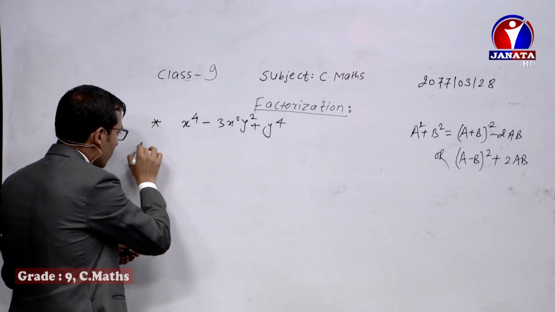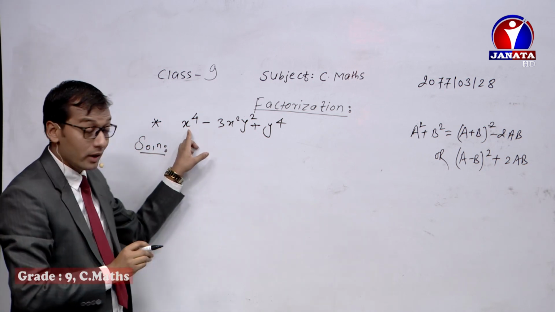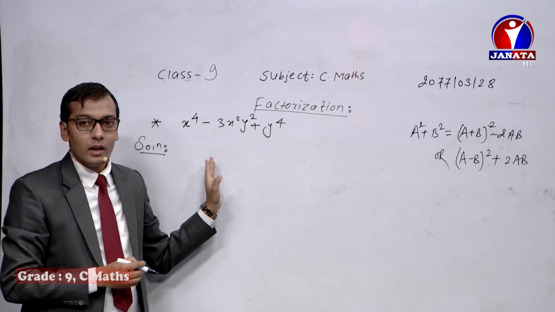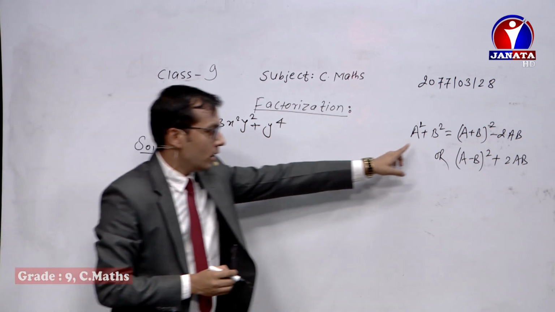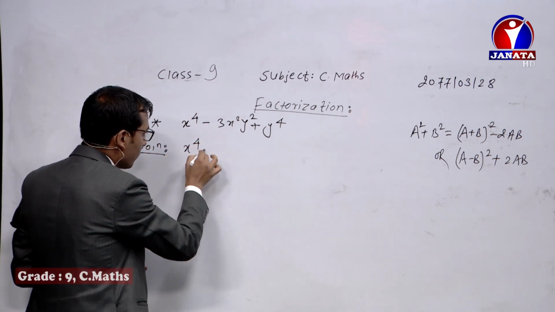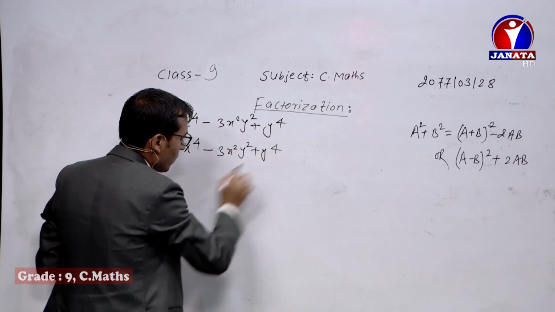For this, first of all, we need to arrange the terms. We put the first and third term together, and then we try to convert into a square plus b square form. So x to the power 4 minus 3 times x square y square plus y to the power 4.